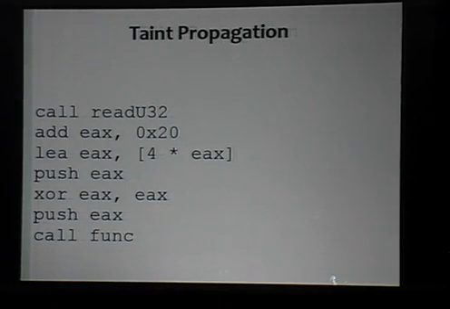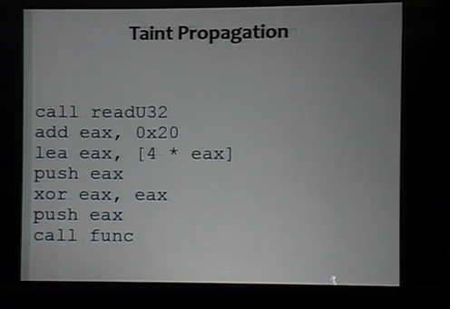So here's a sample. If we put a watch point on the call to read U32, such that EAX was marked as tainted after this call returned, then after the call, EAX would be marked as tainted. Then the add EAX and 0x20 would execute, and EAX would still be tainted because it goes back into EAX.